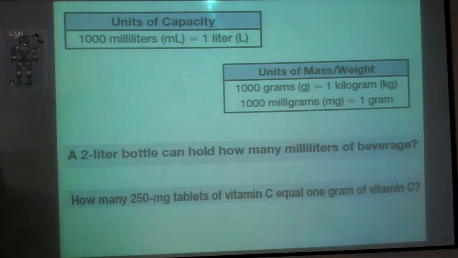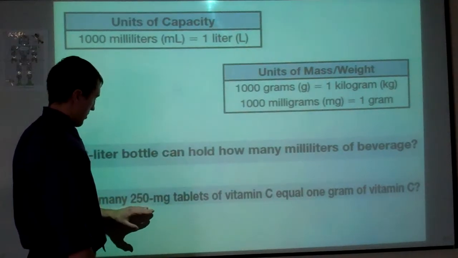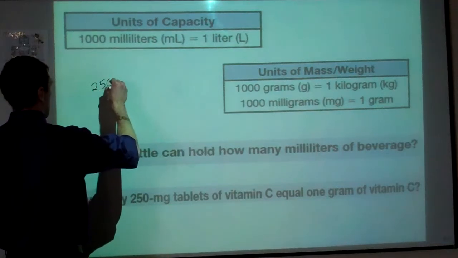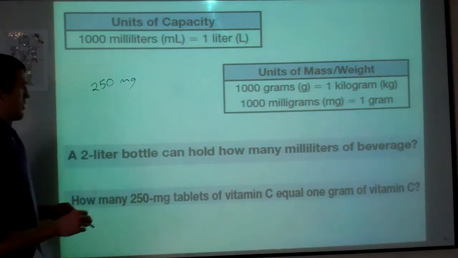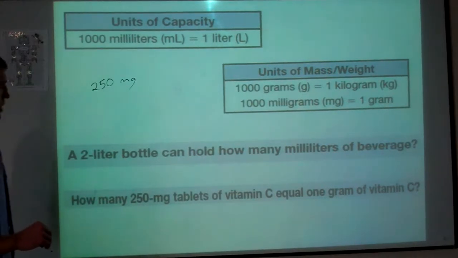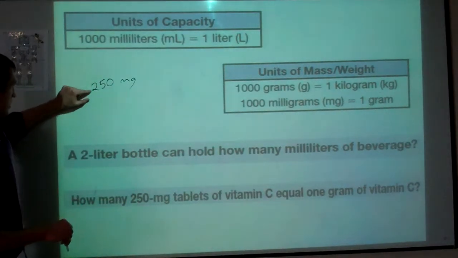Alright, let's take a look at this one quick. How many 250 milligram tablets of vitamin C equal 1 gram of vitamin C? So milligrams to grams, we want to figure out how many of these, 250 milligrams, will get us up to 1 gram. So let's see, we know that 1,000 milligrams is 1 gram. So we want to see how many of these go in there.